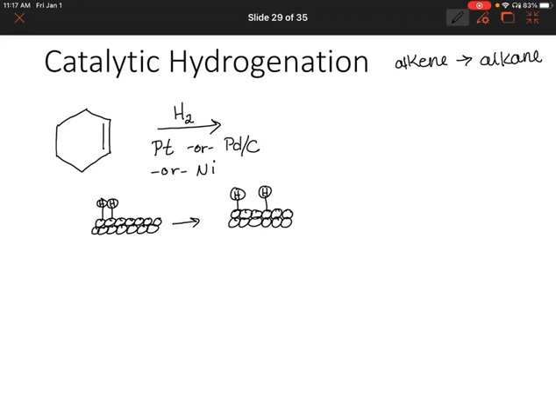Okay, so this is actually going to end up producing an alkane, so we'll get cyclohexane as a result. And hydrogen is actually going to add syn. So we'll have syn addition here.